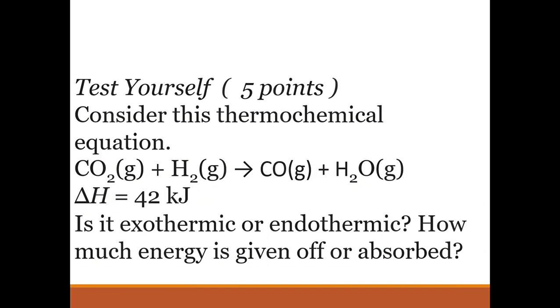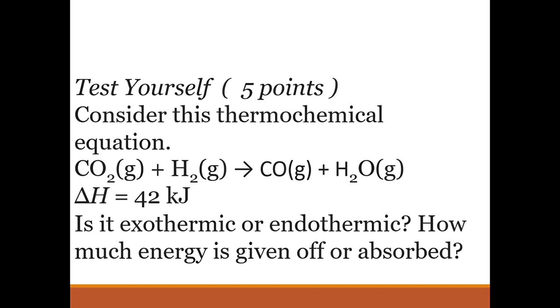So, another example to test yourself. Consider this thermochemical equation. CO2 gas plus H2 gas yields CO gas plus H2O gas. And the delta H is 42 kilojoules. Is it exothermic or endothermic? You're right.